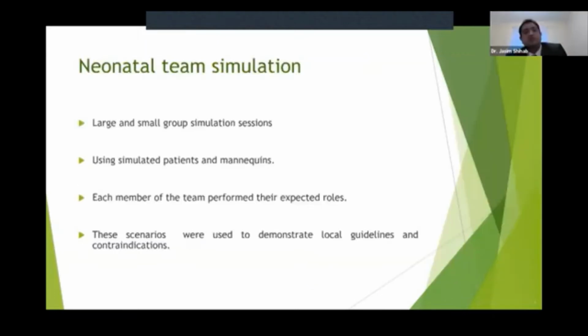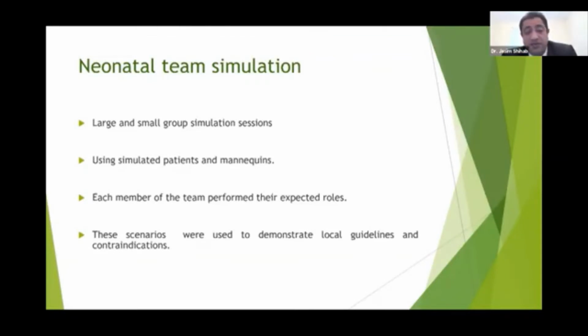So we had large and small group simulation sessions. We used simulated patients as well as colleagues and mannequins. Each member of the team performed their expected roles. And these scenarios were used to demonstrate local guidelines as well as contraindications, when not to use it, how to go about doing it. All this was taught to the neonatal team separately in small group sessions.